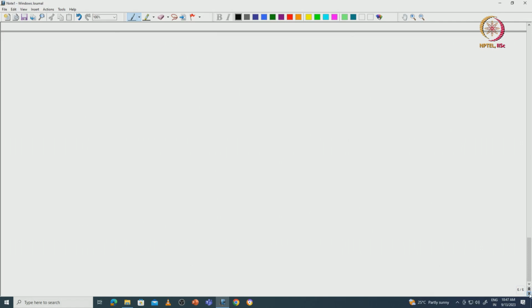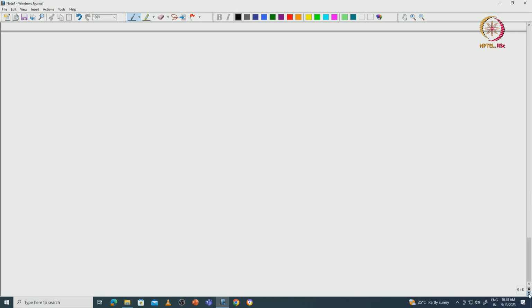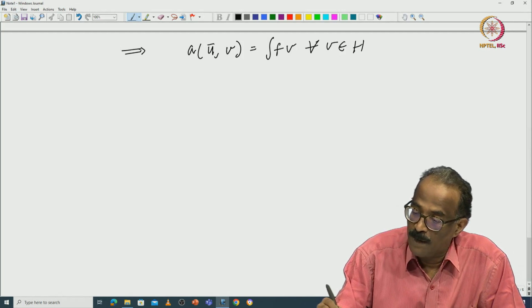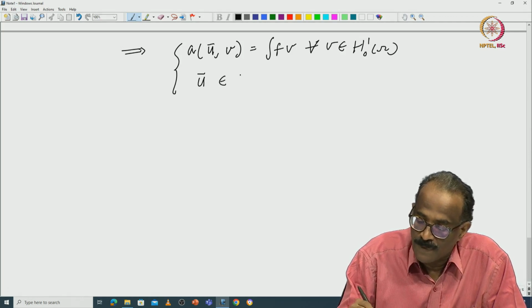Since this space X is dense in H1 naught of omega, the equation holds in H1 as well. Simply: find u bar such that A of u bar, v equals integral of f v for all v in H1 naught of omega, where u bar is in H1 naught of omega.